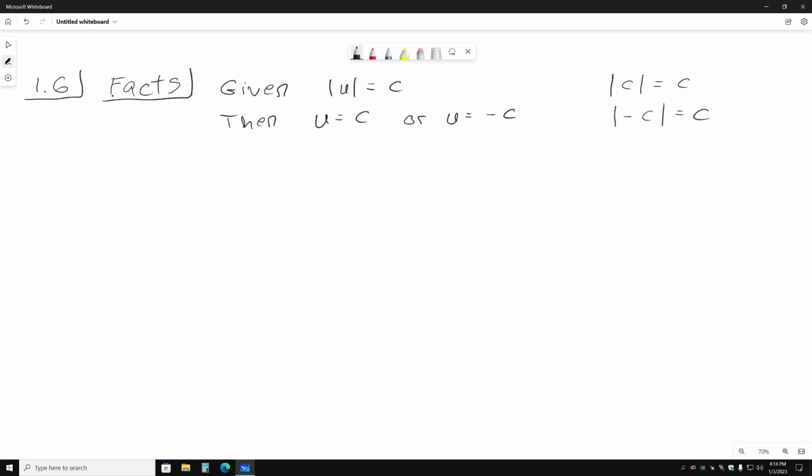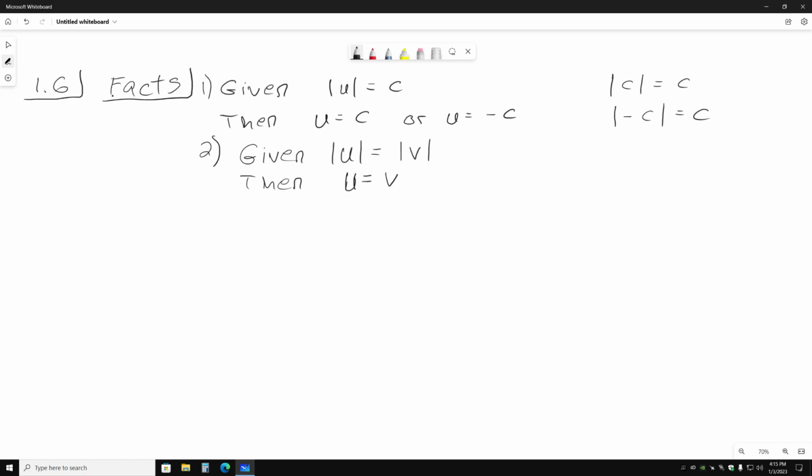We also need to introduce another fact, so we'll label this 1 and label the second one 2, where we say that if you're given the absolute value of u equals the absolute value of v, then the absolute values cancel out, leaving us with u equals v.